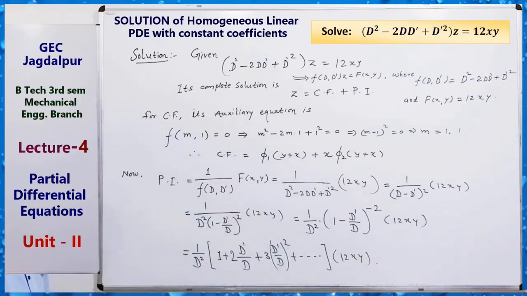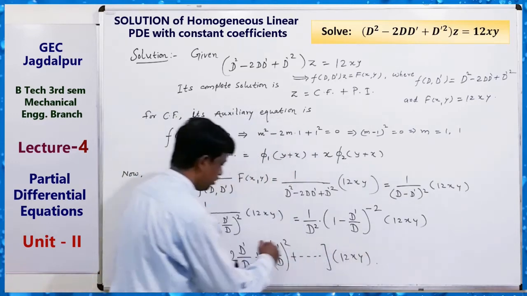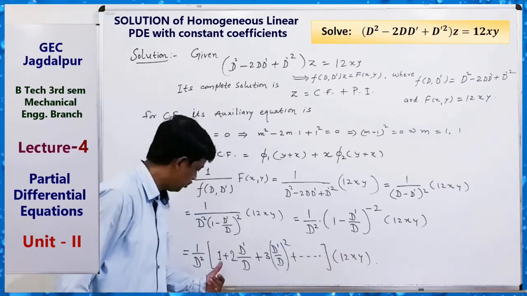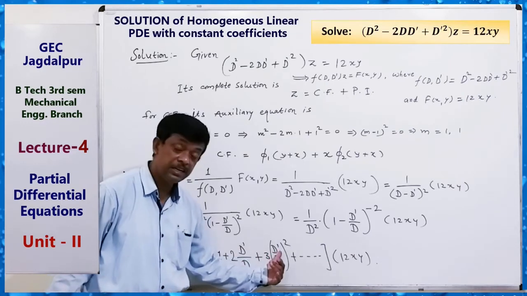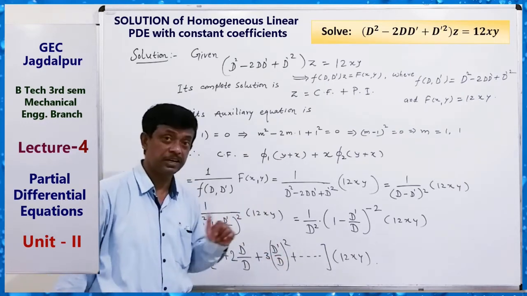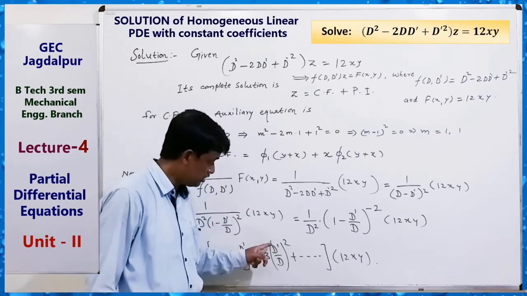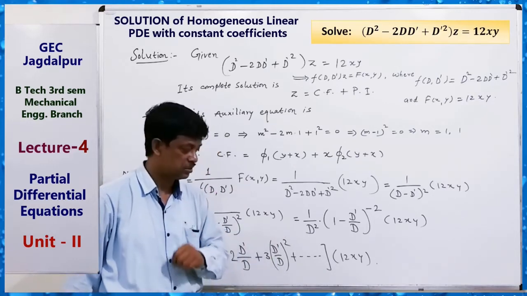Clear? Now operate this operator on this function, that is 12xy. Here 12xy, here 2D'/D, here 12xy. Here D'² in numerator, that means D' means del by del y, differentiation with respect to y, 2 times.